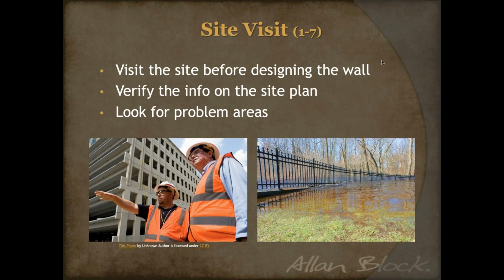That might tell you that you need a more updated geotechnical report. Or if you go to the site and you see puddles like you see in this bottom right-hand picture, that might tell you that your site has some drainage issues that you weren't initially incorporating into your design. That's why it's so important to do this site visit before you design the wall. You'll be able to see these things that you might have to address later on, but early enough that it won't be a problem while the wall is being installed, and you've thought about it before it becomes a problem.